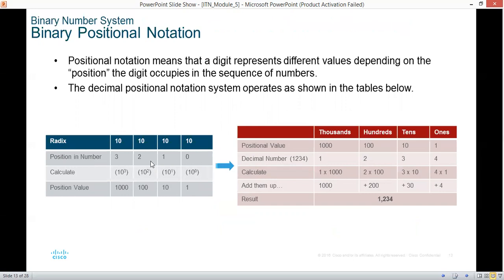This approach is just to let you know the position of a number: if you have 3, it is 10 to the power of 3, for 2 it is 10 to the power of 2, for 1 it is 10 to the power of 1, and if it is 0, it is 10 to the power of 0.